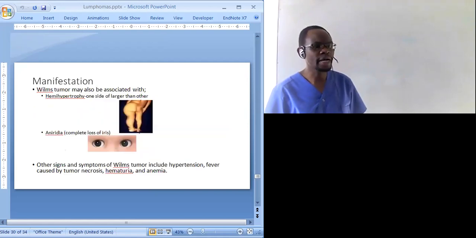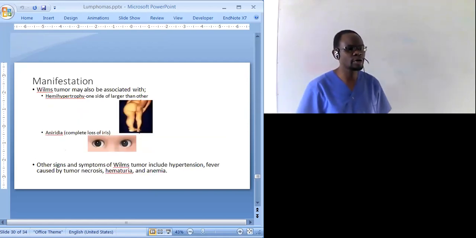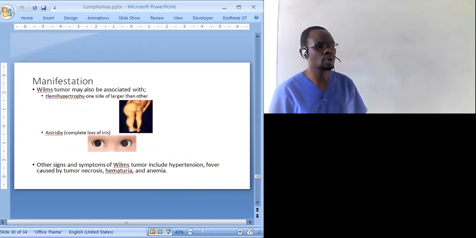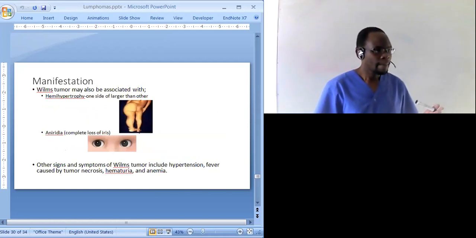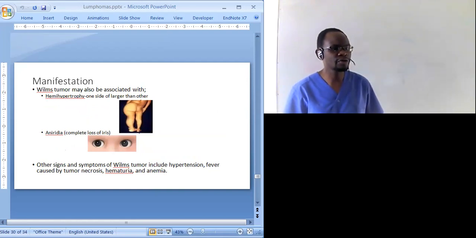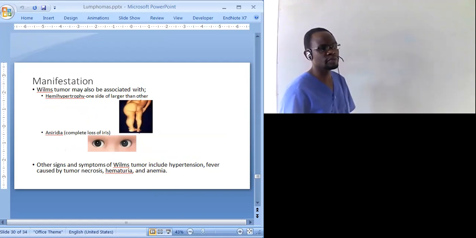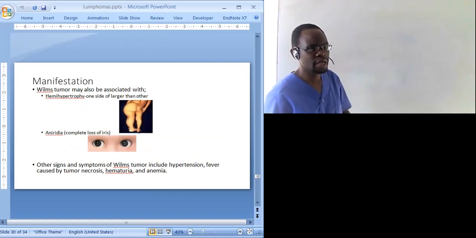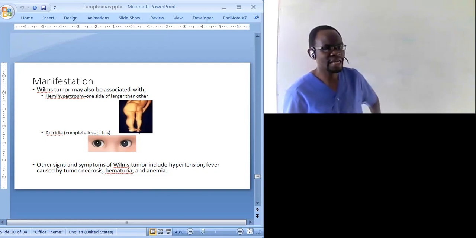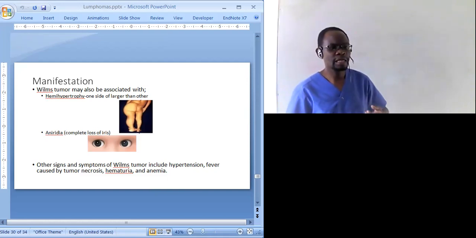All right. Other manifestations: Wilms tumor may also be associated with hypertrophy, where we have one side larger than the other, as you can see in the diagram. Because of the tumor, you can have one side of the child larger than the other.